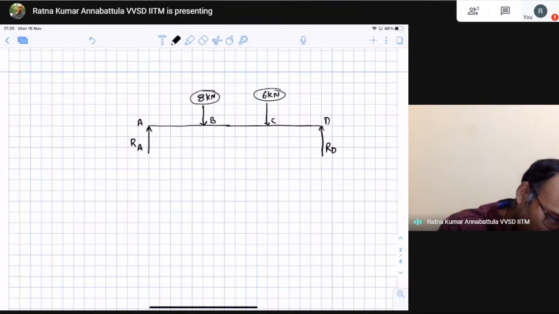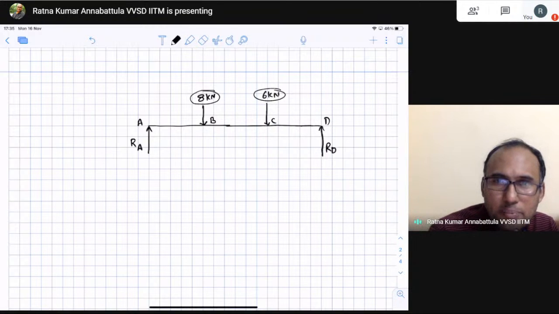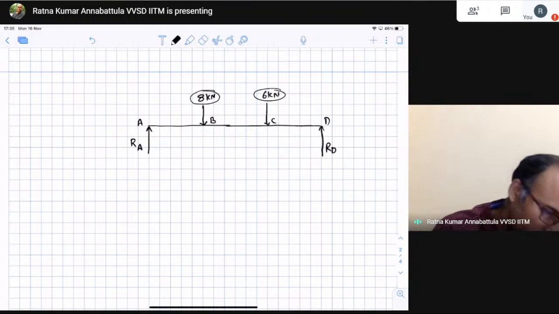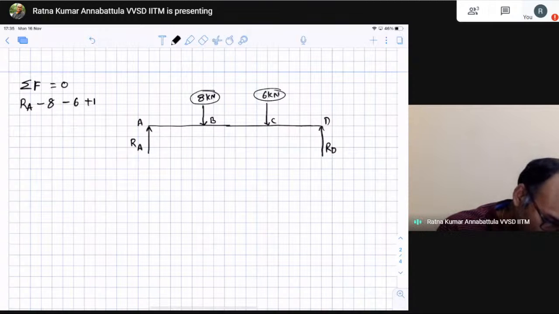I'm actually solving that problem for you. You must have learned force equilibrium in your engineering mechanics course, so sigma F should be equal to 0. If I am taking upward force as positive, RA minus 8 kilonewtons at B minus 6 kilonewtons at C plus RD must be equal to 0. That implies RA plus RD must be equal to 14.